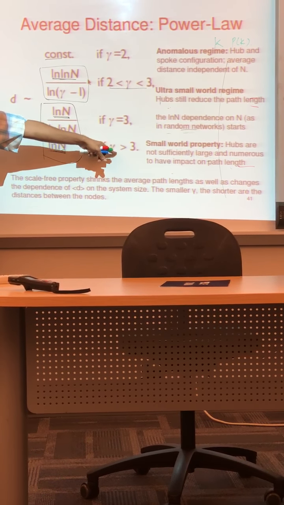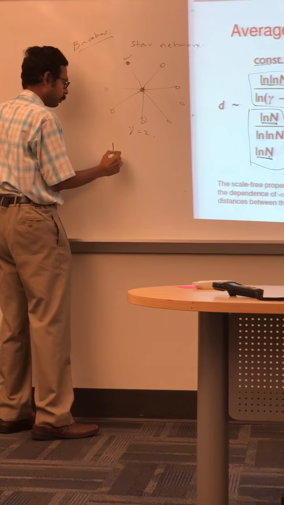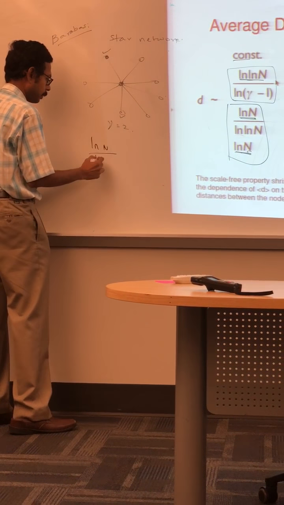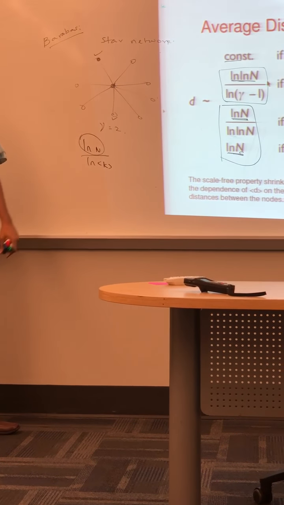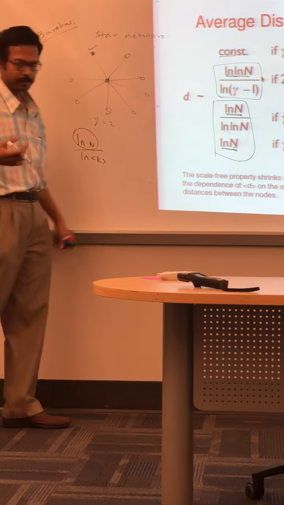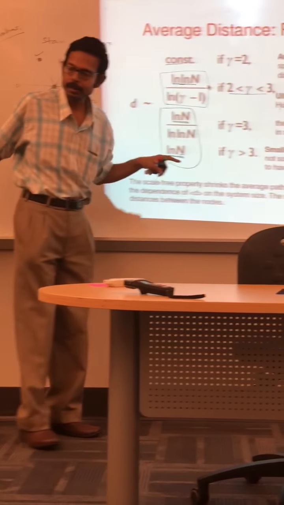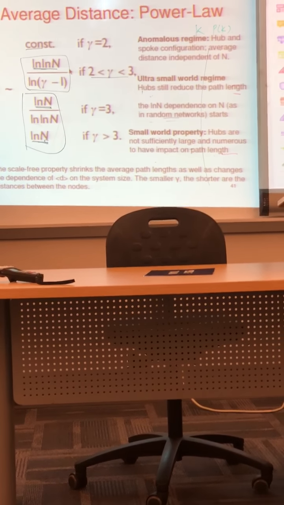Remember that even for a random network, the average path length was log n divided by log average degree. So you have log n in the numerator. If the average path length is proportional to log n or is some function of log n like this, we can say the network exhibits small world property.